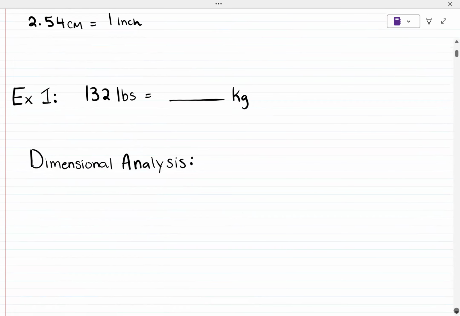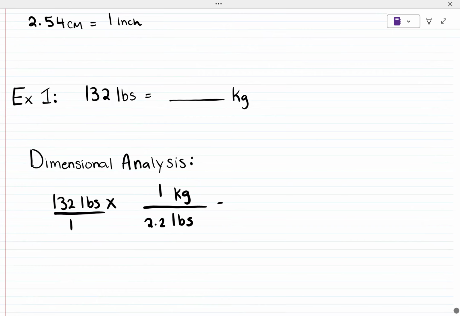You write it as a fraction. 132 pounds times a fraction, pounds units on the bottom and kilogram units on the top. We know that 1 kilogram is exactly 2.2 pounds. Then the pounds disappear, and you multiply across.